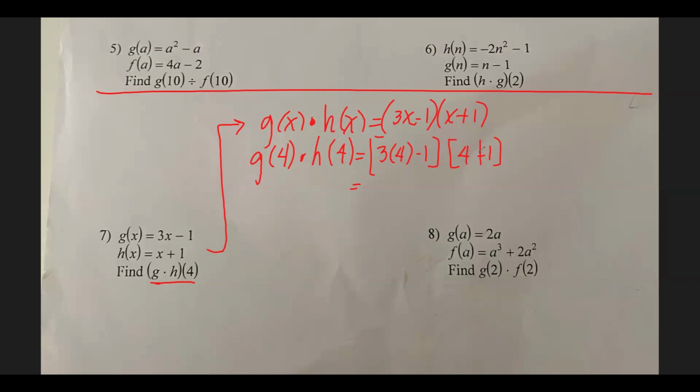Okay, it's plus. Yeah. Now, let's evaluate this one. 3 times 4 is 12 minus 1. Then 4 plus 1 is 5. Then the 12 minus 1 is 11. Then times 5 is 55.